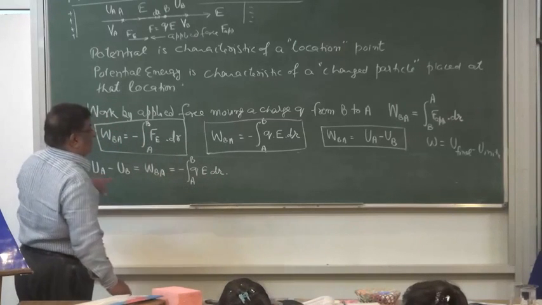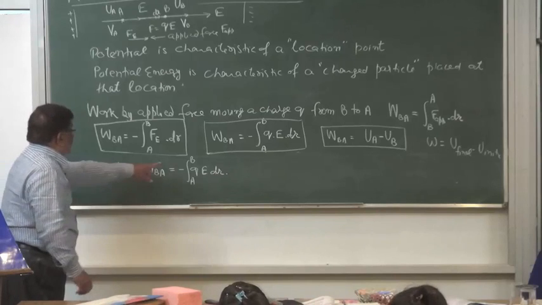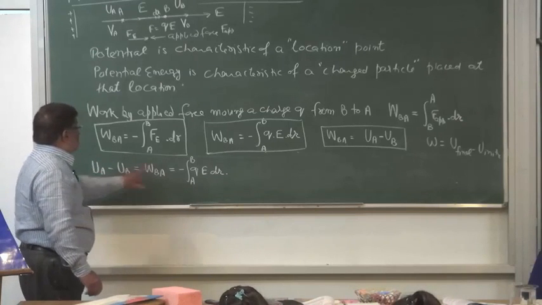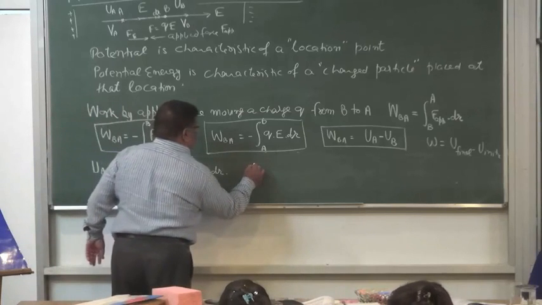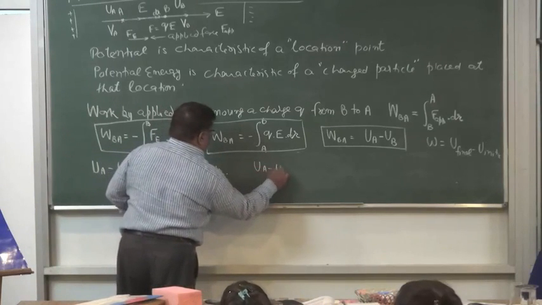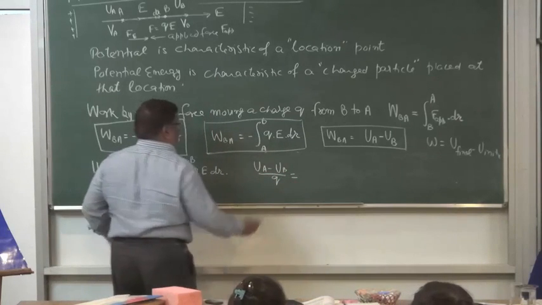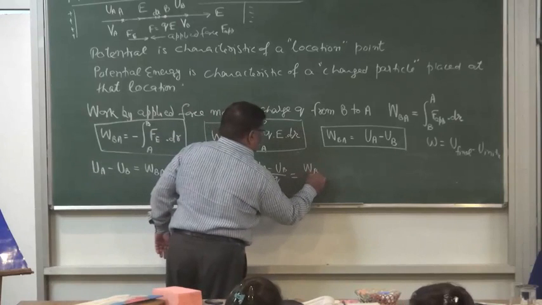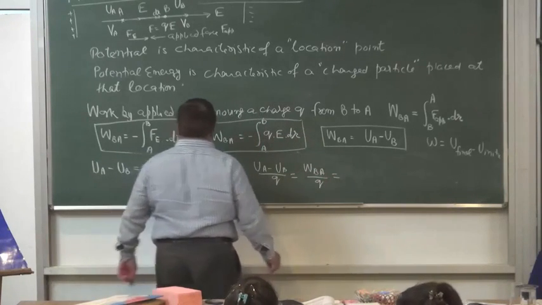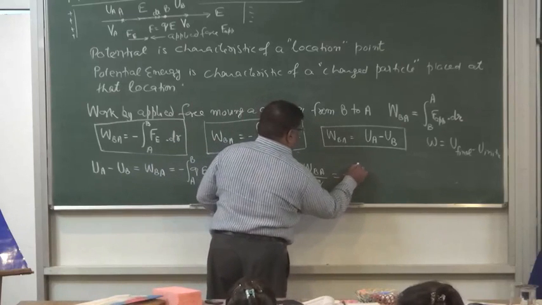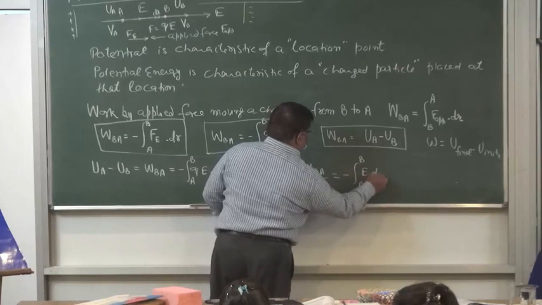These are the formulas. Okay. Now we divide it with Q. So what we get here is (U_A minus U_B) upon Q is equal to W_BA upon Q, which is equal to minus integral from A to B of E·dr.